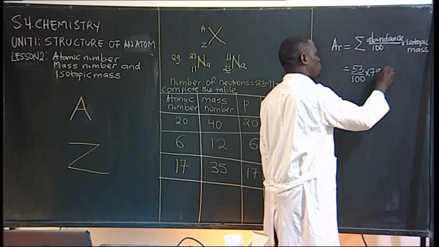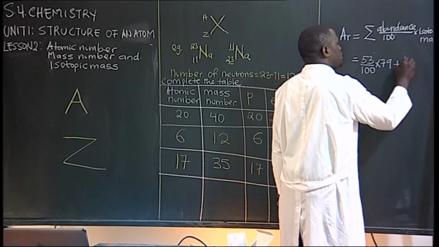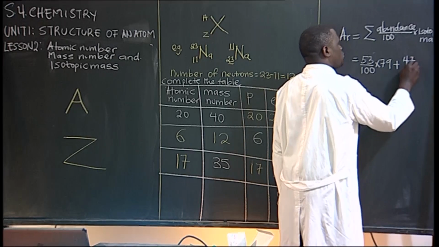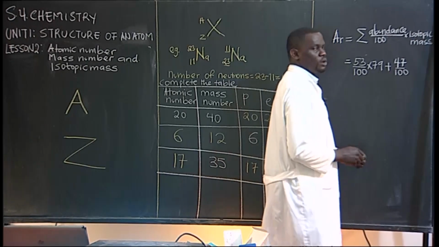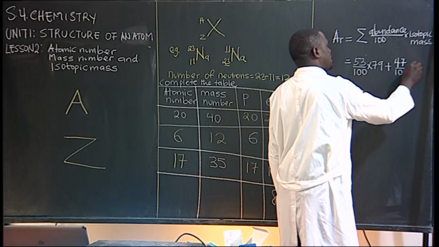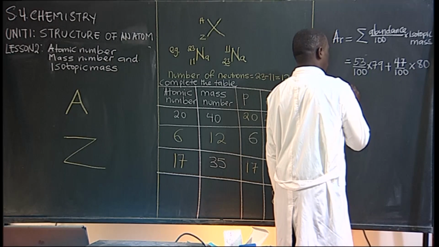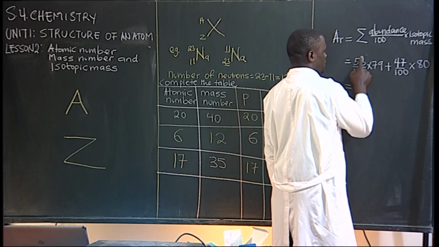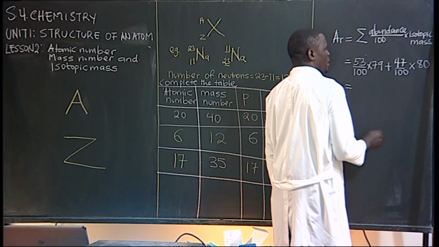So today the students are going to help me in the calculations. I'm just going to be illustrating. Then here we shall have 47 out of 100 times 80. So make sure you calculate this. So this is our illustration, the contribution of each isotope. This percentage is for isotope 79, and this percentage is for isotope 80.